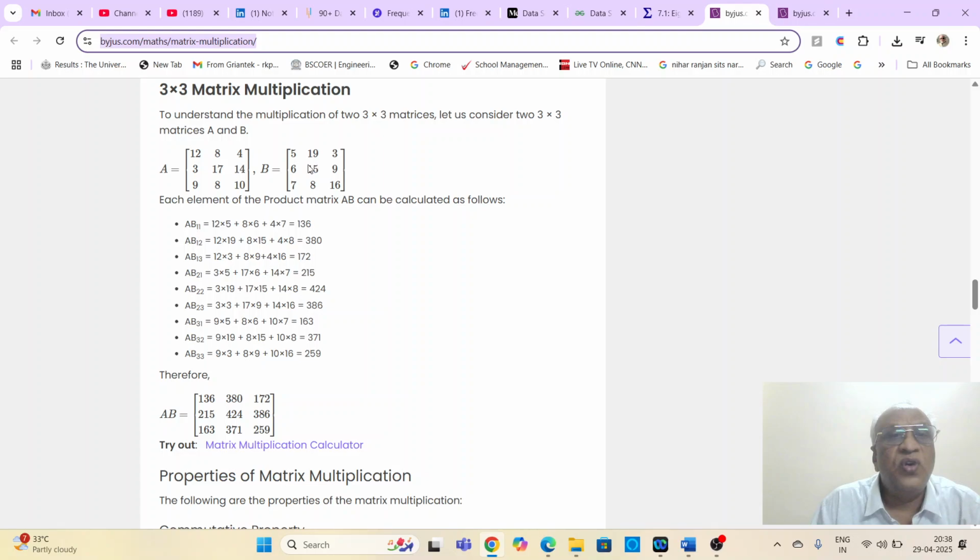Then 12 into 19 plus 8 into 15 plus 4 into 8 becomes 380, which is AB12. Then 12 into 3 plus 8 into 9 plus 4 into 16 becomes 172, which is AB13. The rest of the values will also be calculated. So this is my AB matrix, the multiplication of matrix A and matrix B, which are 3 by 3 square matrices. This is a simpler example of matrix multiplication from the Byju's link.